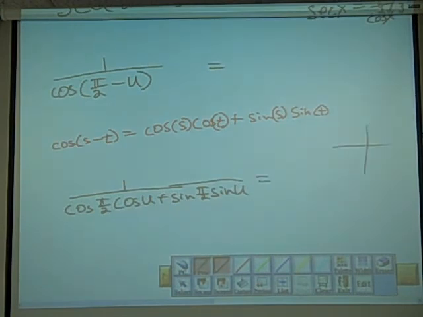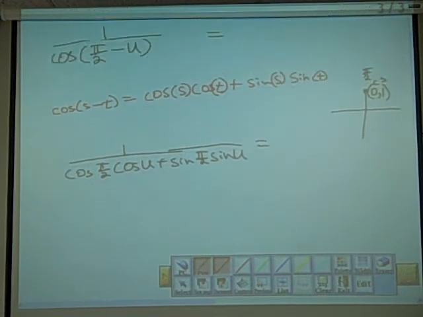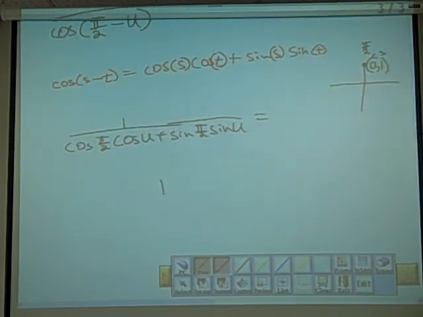And at pi over 2, we know we have that coordinate point, x is 0, y is 1, cosine and sine, right? So cosine at pi over 2 is 0. So this would be 0 times cosine u plus sine at pi over 2 is 1 times sine u.